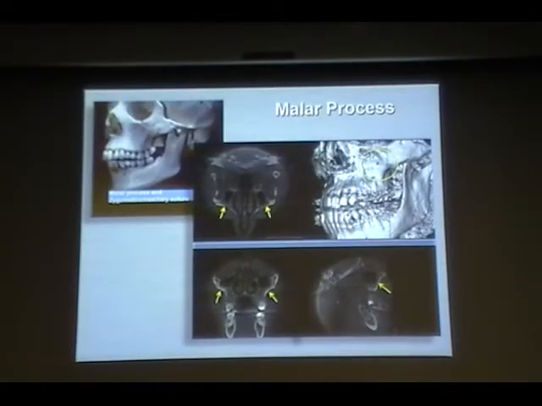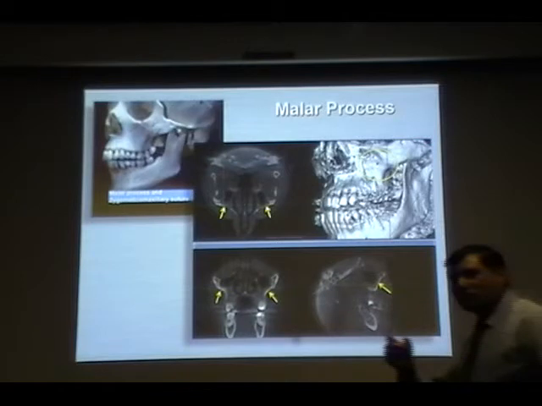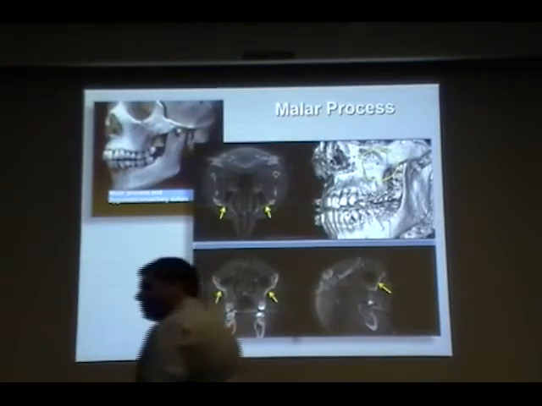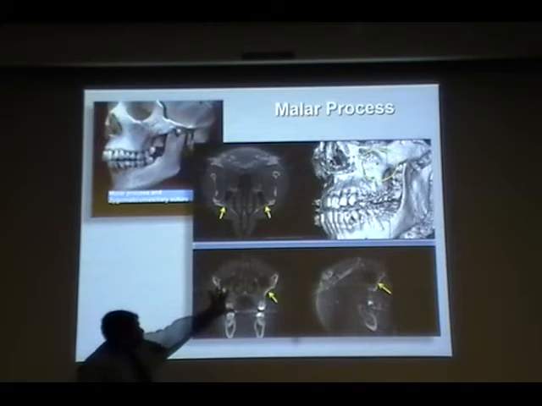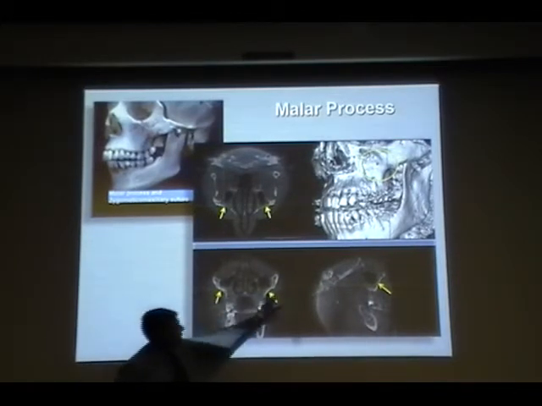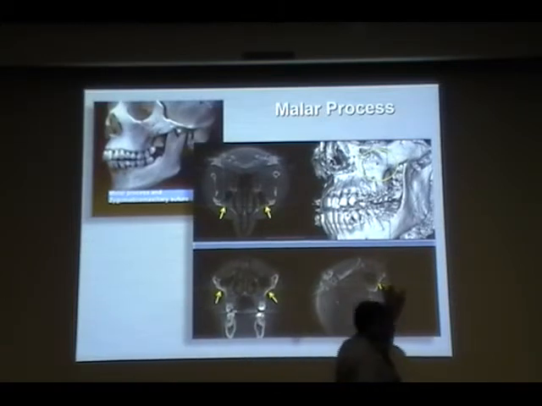Malar process, your favorite one on your exam, right? It was there on your exam, right? Right zygoma, left zygoma. But that was with a periapical radiograph. Here is an example showing the coronal slice, malar process here.